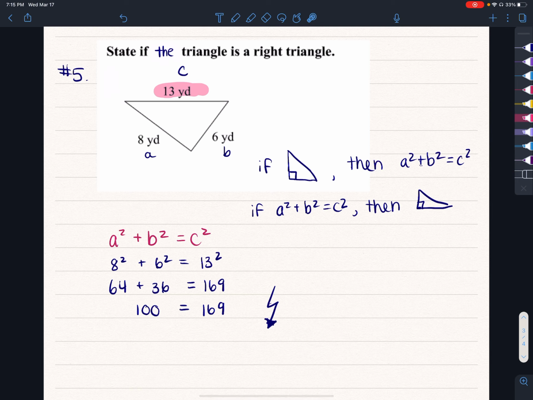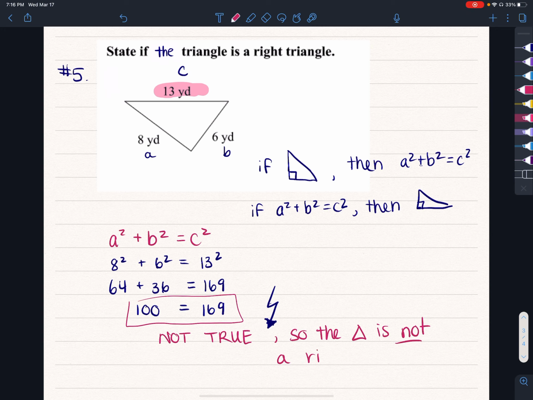That means contradiction, which is basically saying this makes no sense. This is not true. So we can say the triangle is not a right triangle. It's some other kind of triangle.